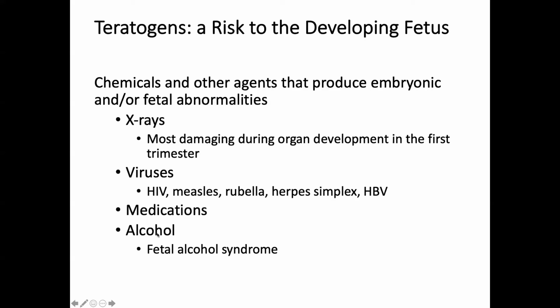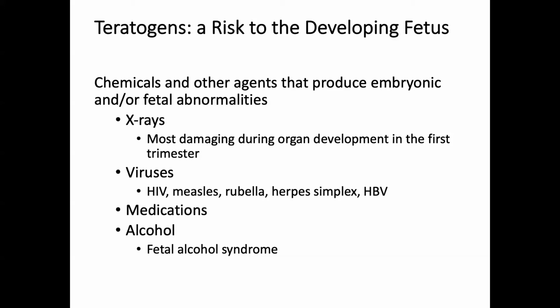Alcohol is known to act as a teratogen. Prenatal alcohol exposure, or PAE, remains the leading cause of birth defects and neurodevelopmental abnormalities in the United States. So it affects 9 to 50 per 1,000 live births in the United States.